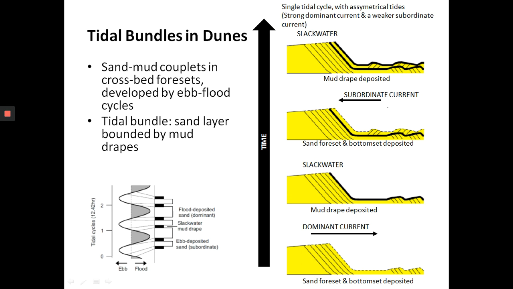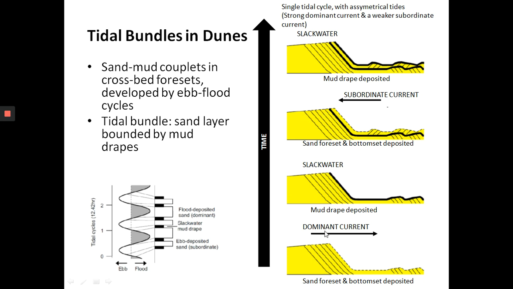So let's say I'm along a coast where it is experiencing semi-diurnal tides, but my tides are asymmetrical. So I have two tides here. There's one tidal current moving towards the right, and that is stronger compared to the other tidal current moving towards the left.